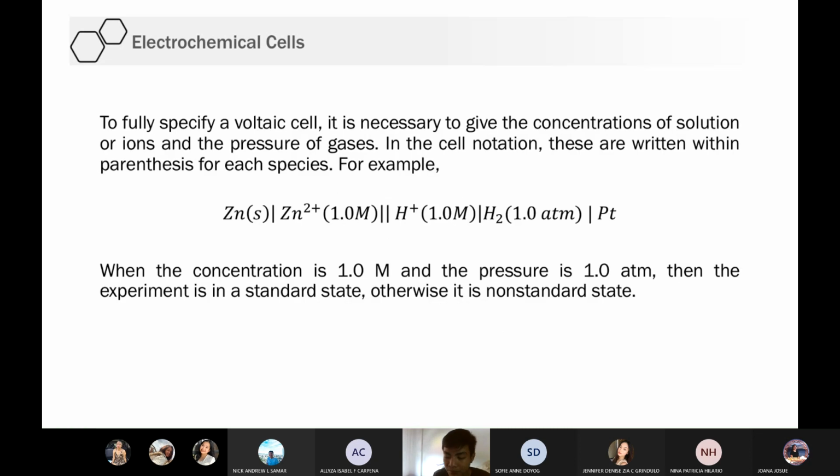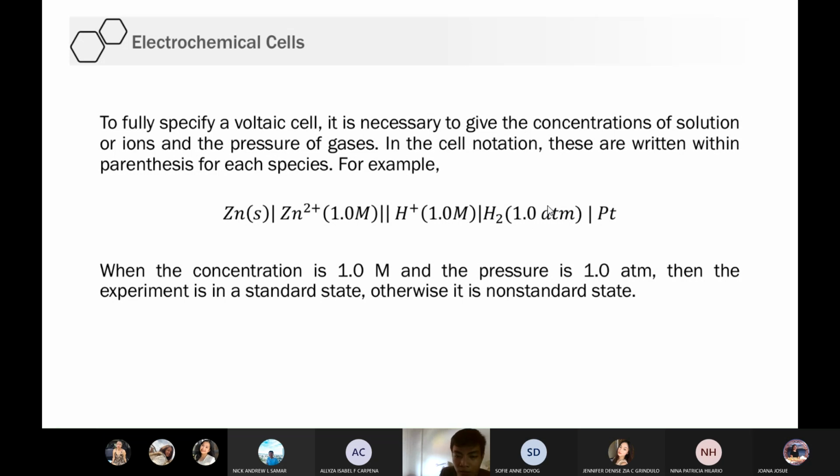Okay? Also, pwede mo rin ilagay yung concentration ng species mo. You can write their concentrations as ganito. So you have zinc, zinc 2 plus. Kunwari, 1 molar yung concentration, edi indicate mo 1 molar. Then, kunwari, H plus mo, 1 molar, lagay mo rin.